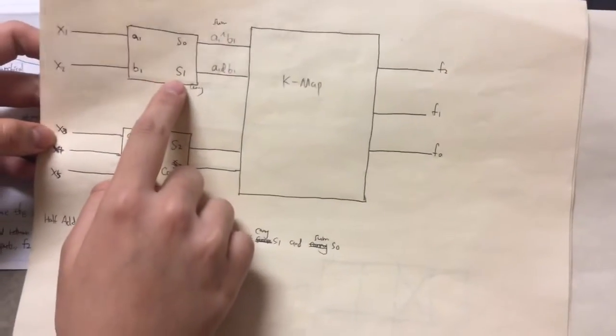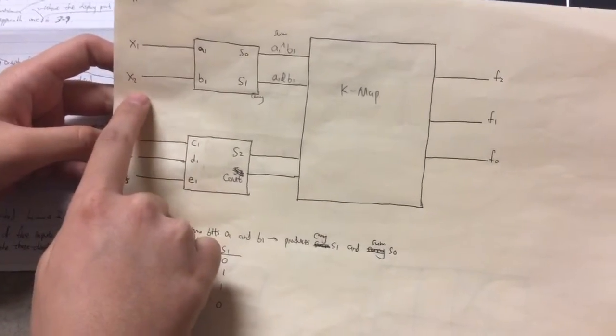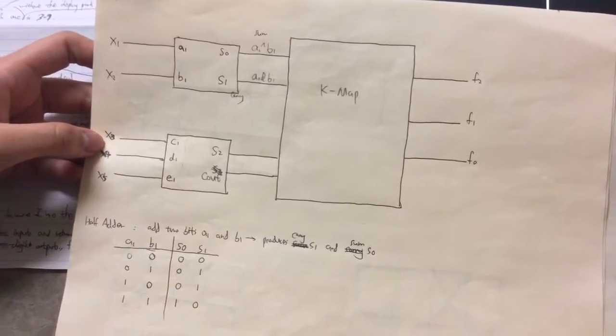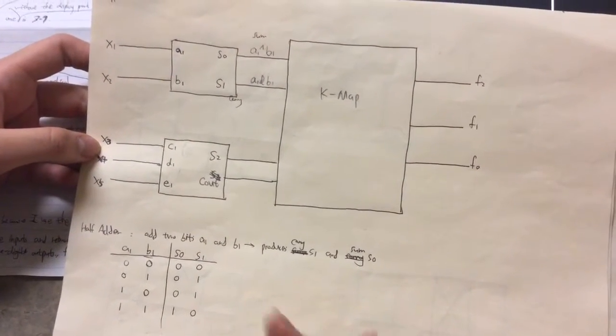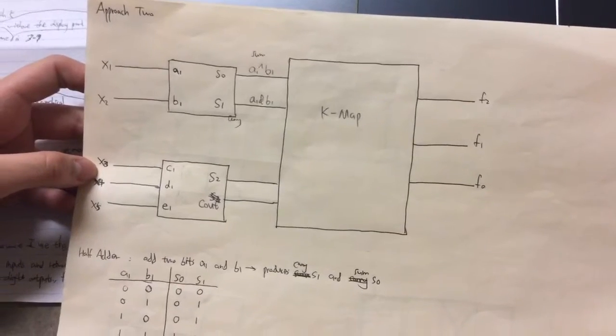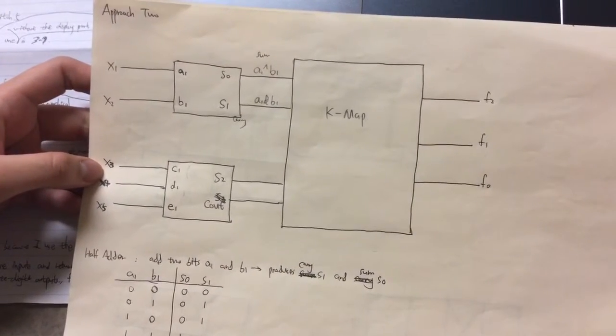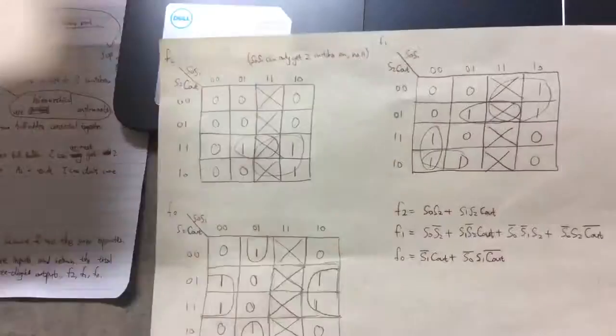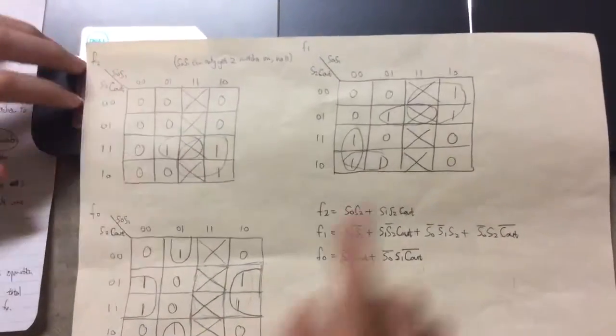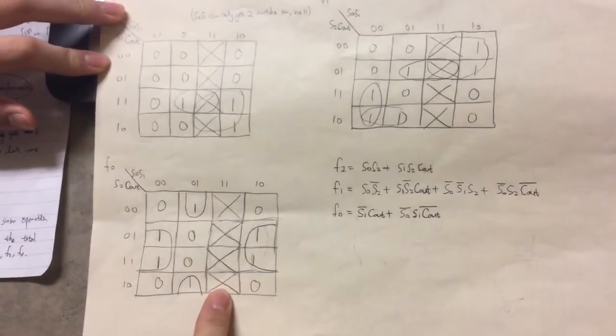Because I have only 2 switches for S0 and S1, I only have a maximum of 2 switches on, and in binary that is 1 0, so I don't care about the 1 1, so I mark don't cares here, here, and here.